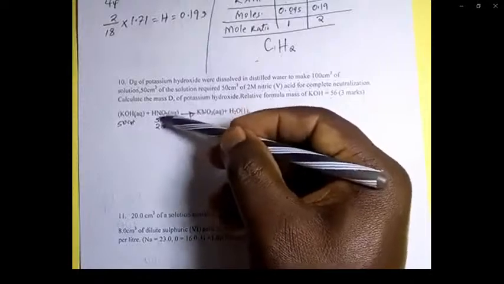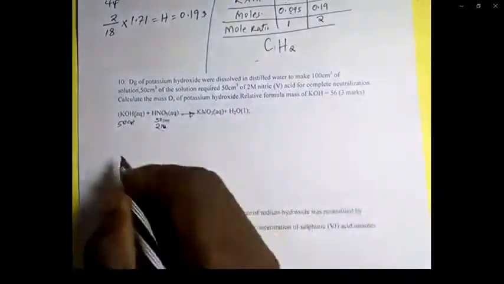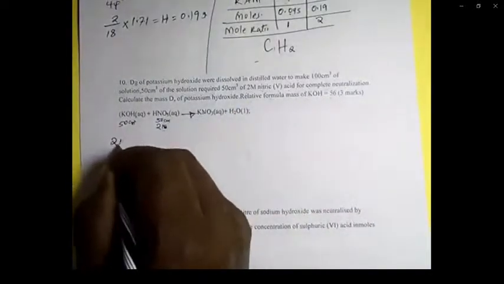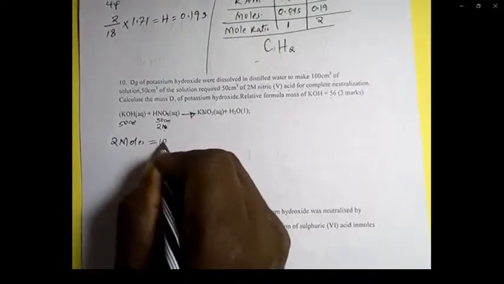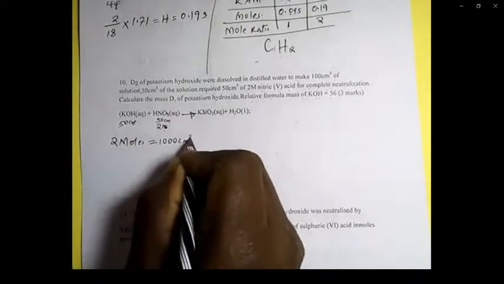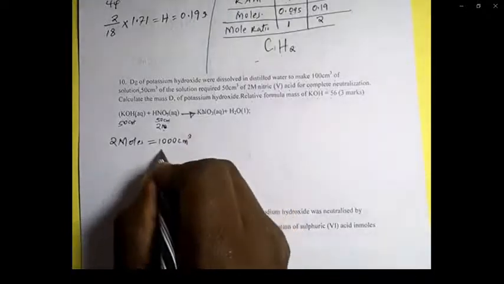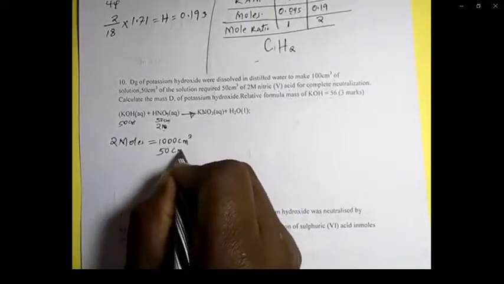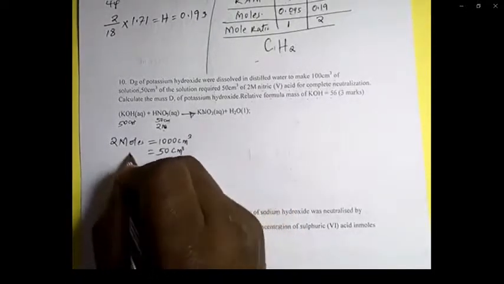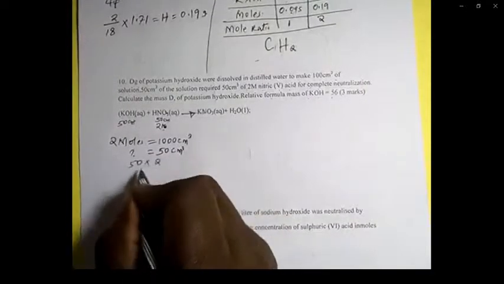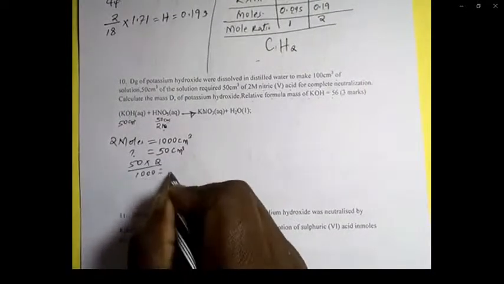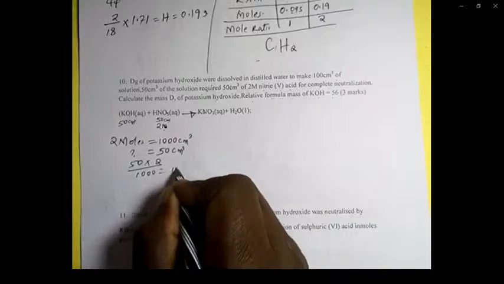We say that 2 is the number of moles of nitric acid contained in 1000 centimeters cube. Now 50, the volume that was used, will contain how many moles of nitric acid? That is 50 times 2 divided by 1000, which gives us 0.1 moles.